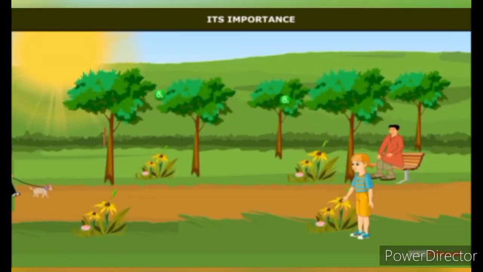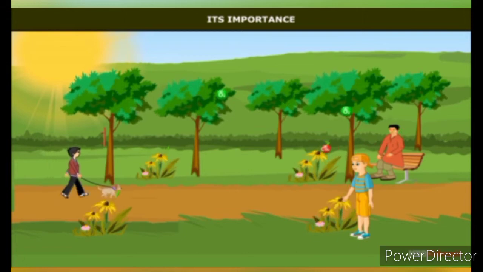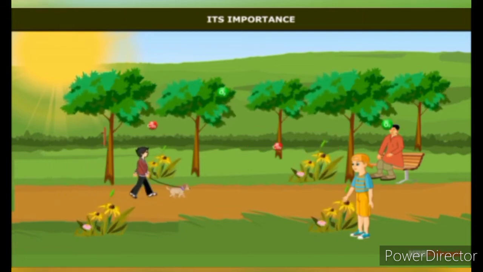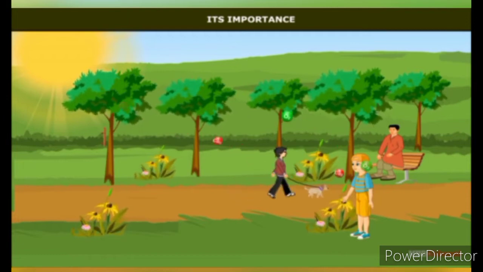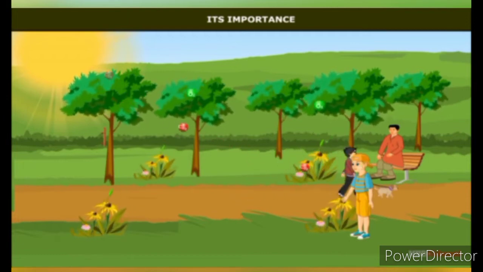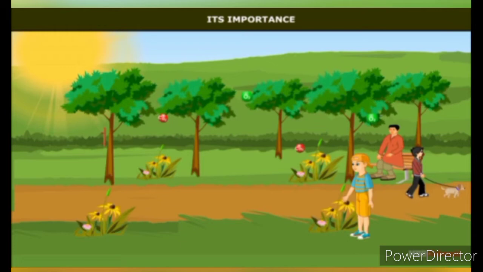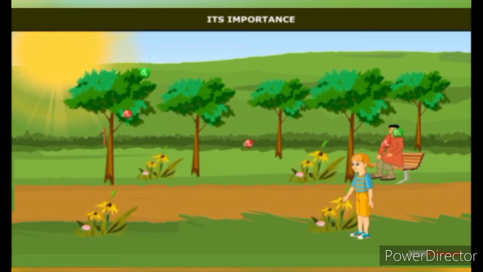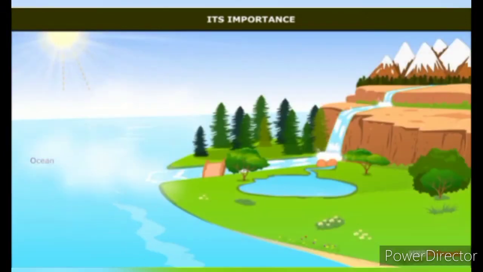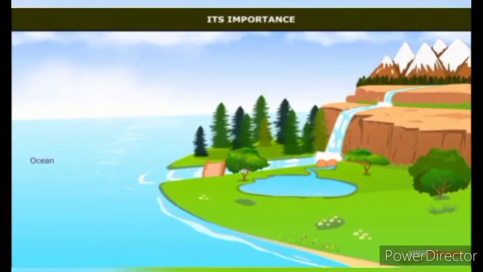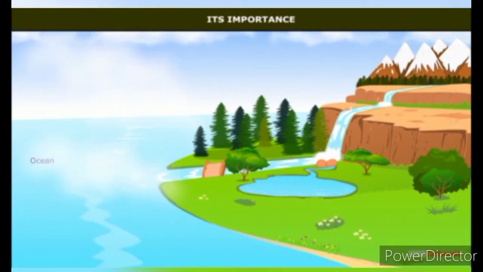Its importance. Atmosphere is the most dynamic of all the other three realms of Earth. Some of its chief advantages are: it is an integral part of the Earth and contains life-giving gases like oxygen. Plants, human beings, and animals need oxygen to breathe.